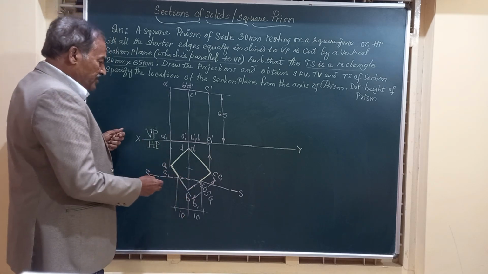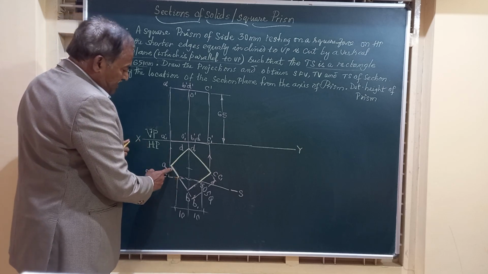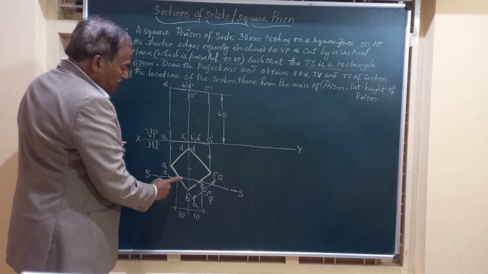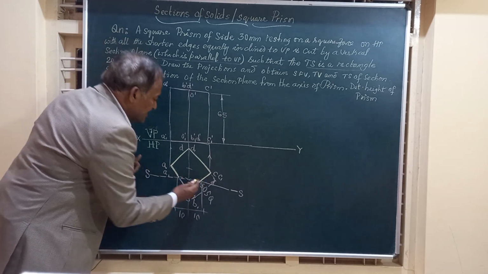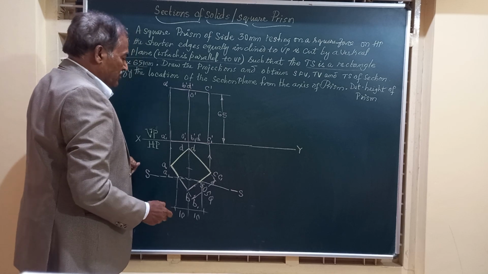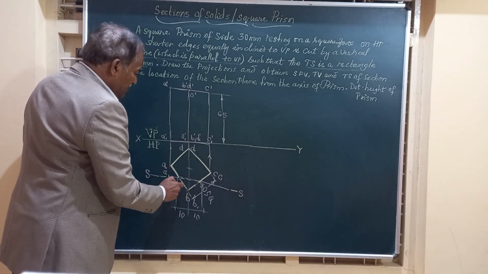Friends, let me mark this. So where does it cut? It is cutting the top edge AB and also the bottom edge A1, B1. So you get 2 points here. Similarly here, the section plane is cutting this BC and also B1, C1. So if you start from this, it is cutting AB and A1, B1.